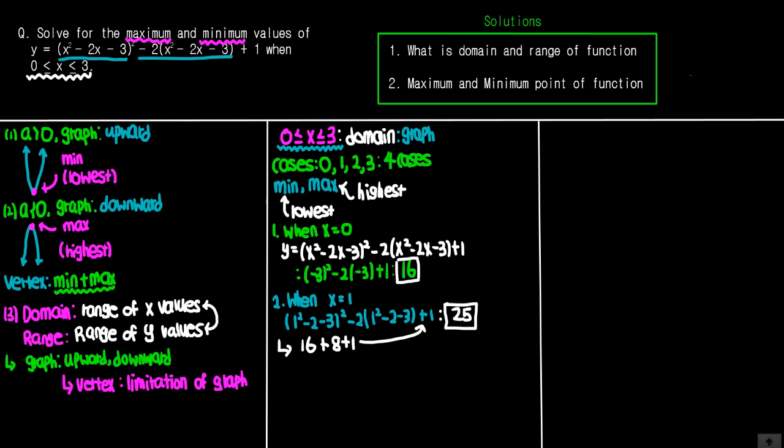And let's think about the third case where the x value is equal to 2. When x is equal to 2, our quadratic function is the same thing as inputting 2 for the x values, which will be 2 squared minus 4 minus 3, all squared, minus 2 times 2 squared minus 4 minus 3, plus 1.